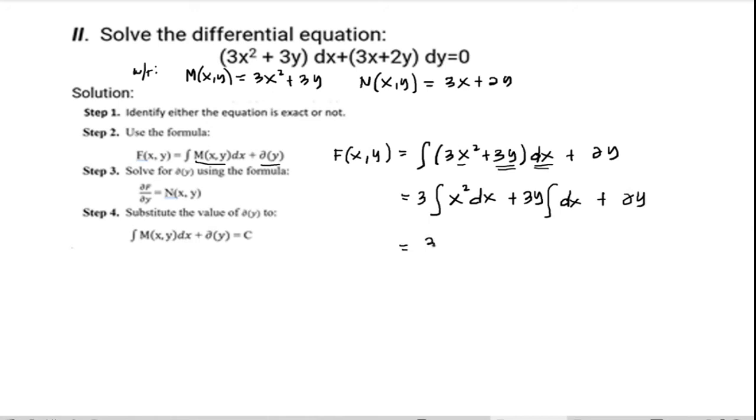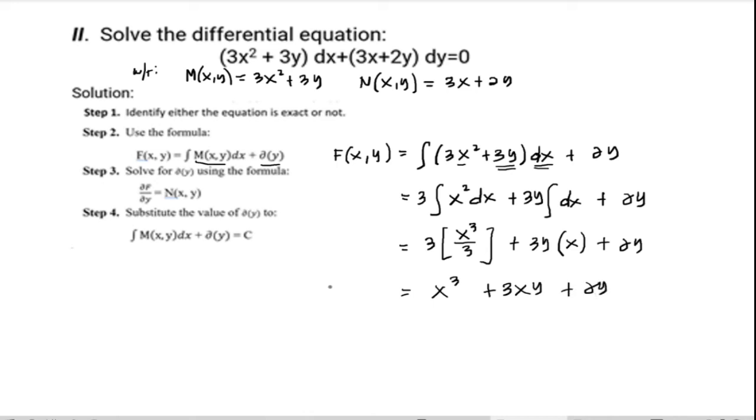Then integrate x squared, that is now x cubed over 3, plus 3y, and the integral of dx is x, plus the unknown function of y. Then cancel 3, we have x cubed plus 3xy plus the function of y. So this is now the function f(x,y).